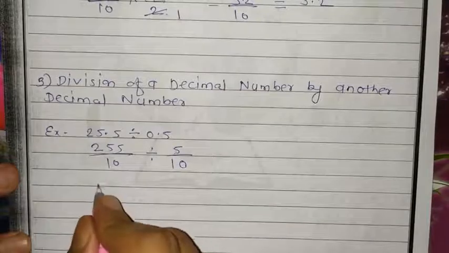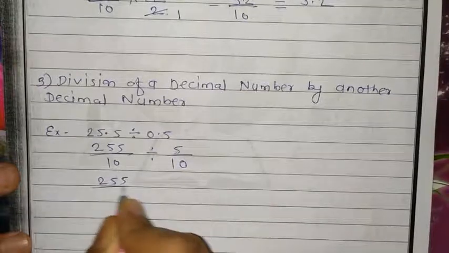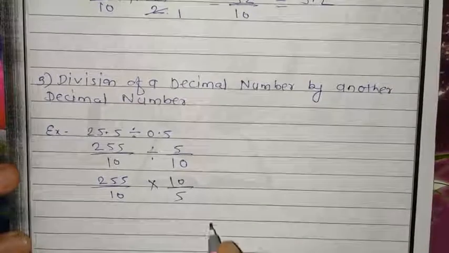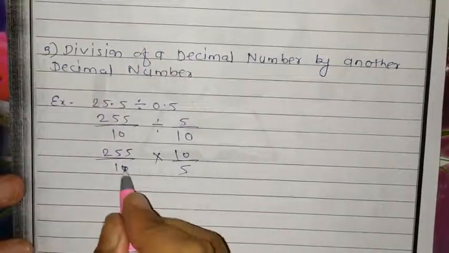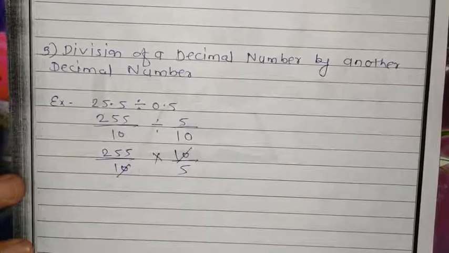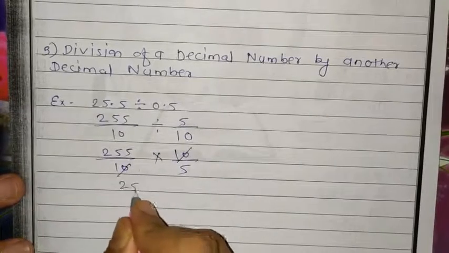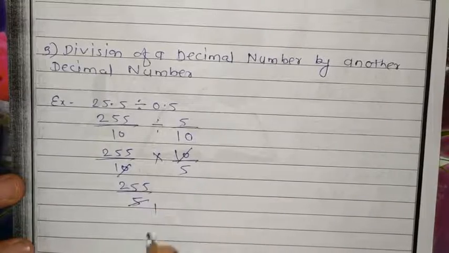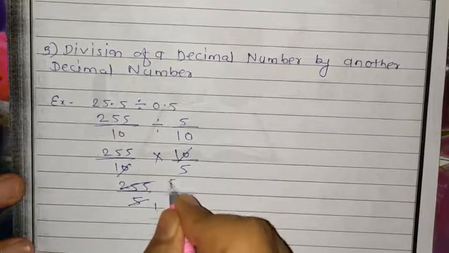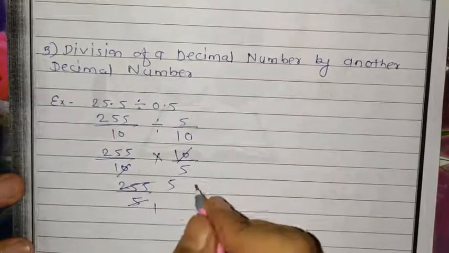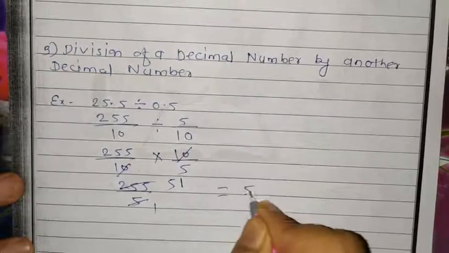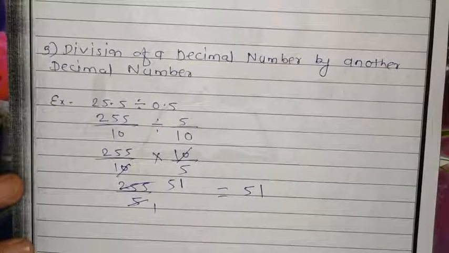Then in the next step, write the number as it is, change the sign, so it will be the reciprocal. Now here 10 and 10 are equal numbers, so cancel. 255 upon 5, here 5 ones are 5, 5 fives are 25, then remainder will be 5, so 5 ones are 5. So here its answer is 51.